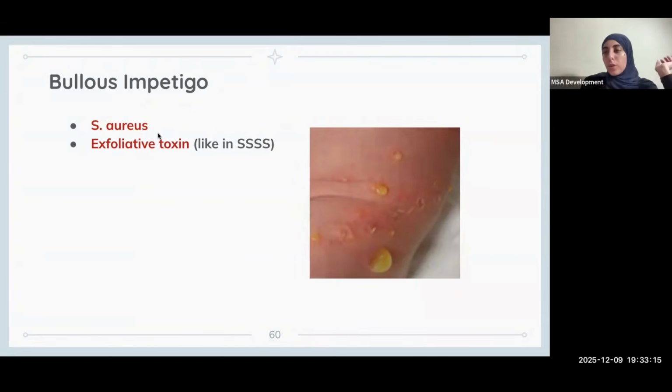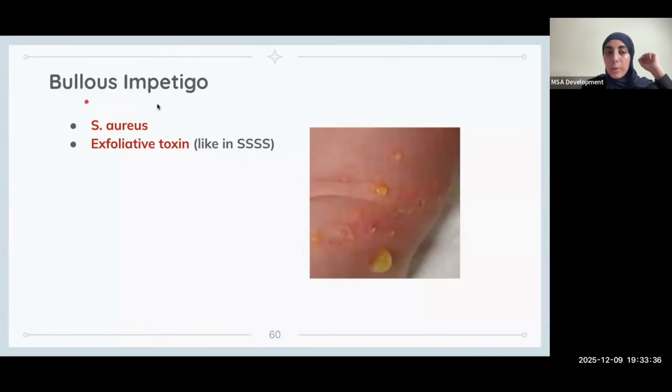So in order to form bulla, to get bullous impetigo, you need to have this specific toxin, which is the exfoliative toxin. And exfoliative toxin is gonna attach to the desmosomes, destroy them, and lead to the formation of bulla. This exfoliative toxin is one of the virulence factors of Staph aureus.